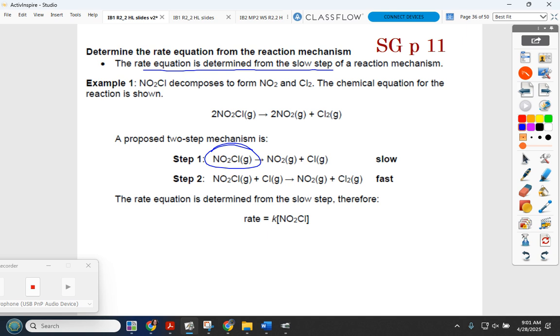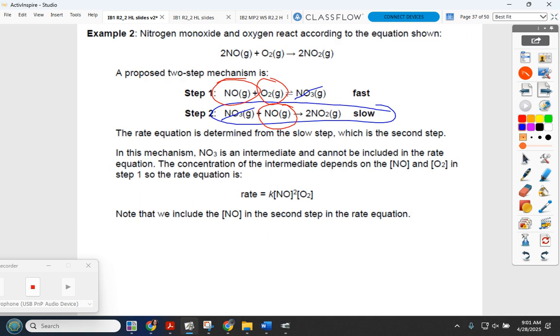Okay. And then we looked at example 2, and we said the slow step is now the second one, but because one of the reactants of the slow step is our intermediate that's generated in step 1, we still have to take into account the reactants in step 1. So we actually have to take all of the reactants into account.